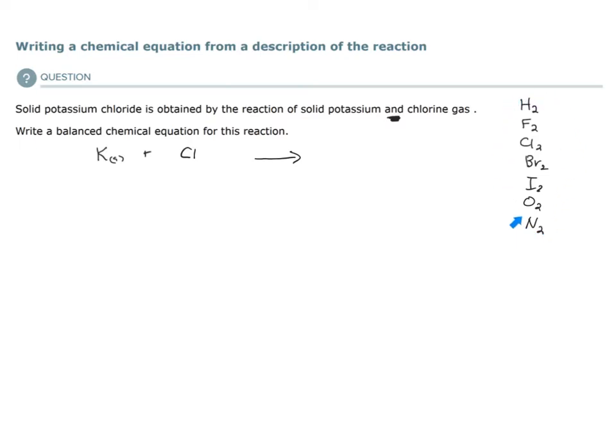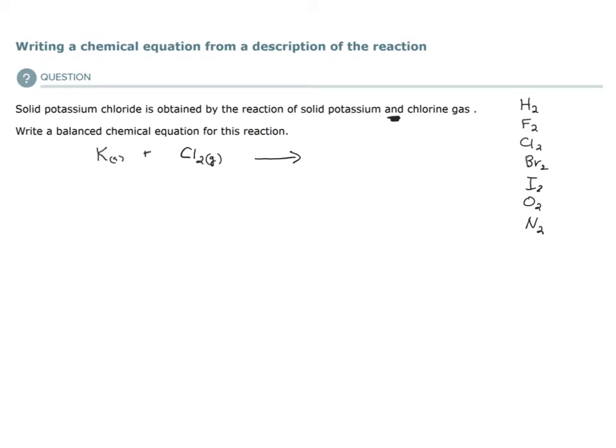They exist as molecules of 2 hydrogen or 2 fluorine or 2 chlorine atoms covalently bonded together. So because chlorine is one of these 7 diatomic elements, we need to write it as Cl2. It exists naturally as that, and it is gas.